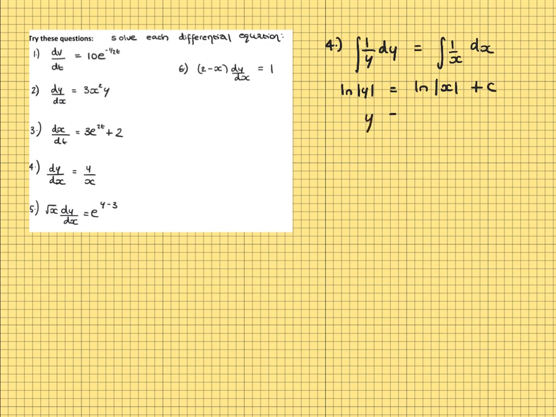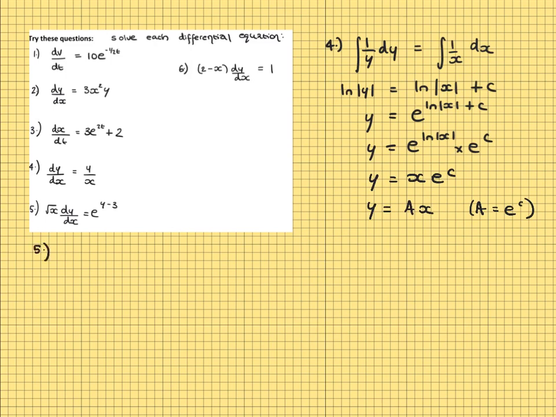So we have y equals e to the ln mod x plus c. Now this is interesting because if we split this up like so, e to the ln of x is of course x. So this gives us y equals x e to the c, or y equals ax, where a is the constant equal to e to the c.